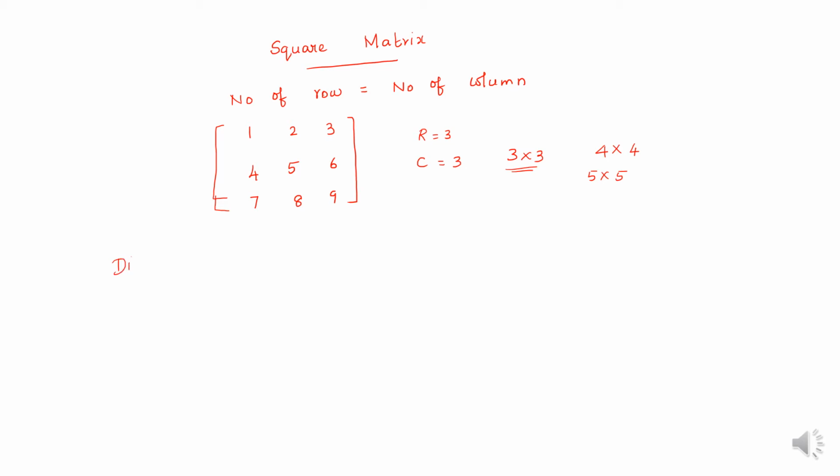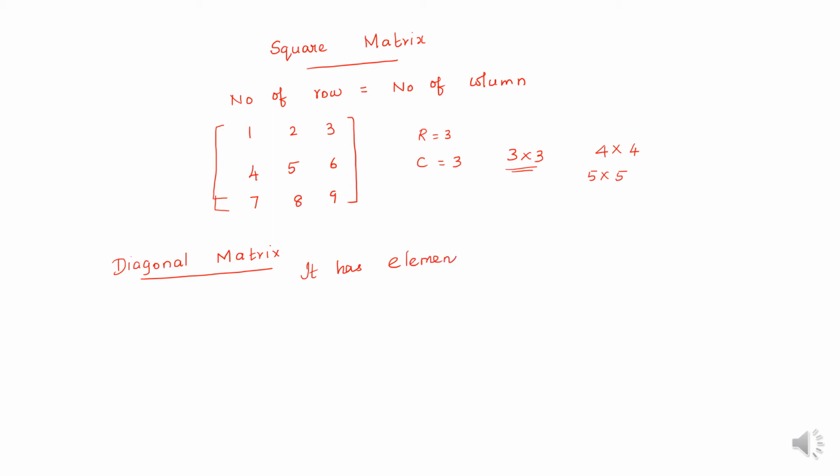Next, I am going to explain the diagonal matrix. What is a diagonal matrix? A diagonal matrix is also equal to a square matrix, but the elements are only in the leading diagonal.